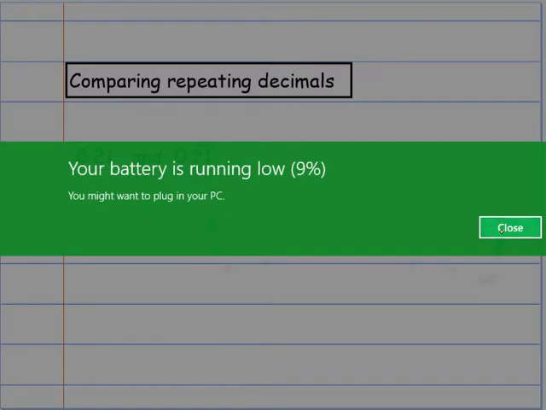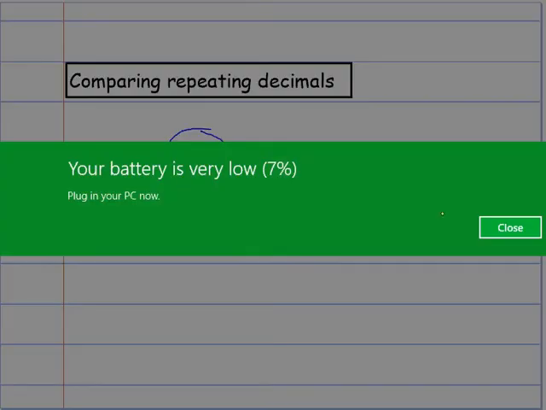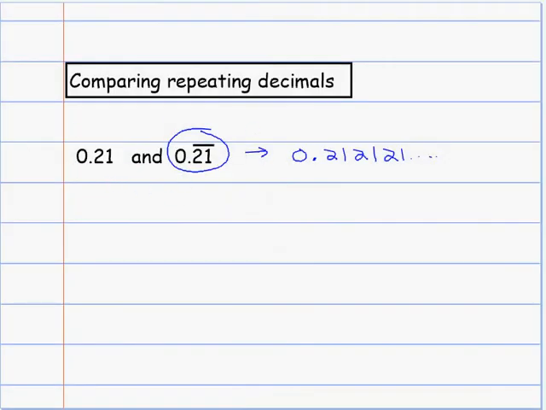Okay, now, comparing repeating decimals, you need to take the repeating decimal and write it out: 0.212121, etc. You need to have enough digits so that when you compare these, you extend the repeating digits out so that you can compare.